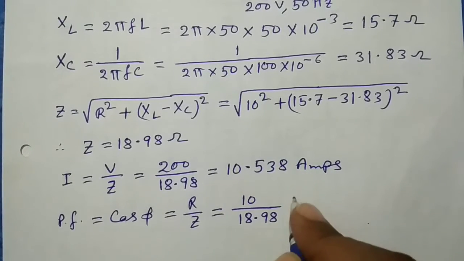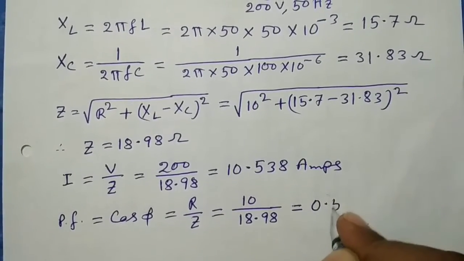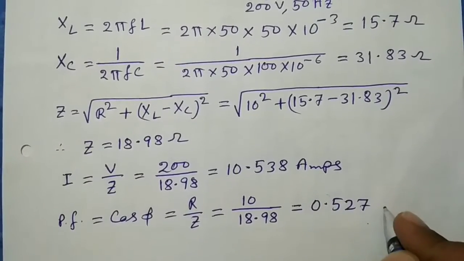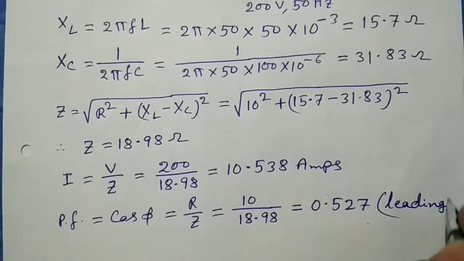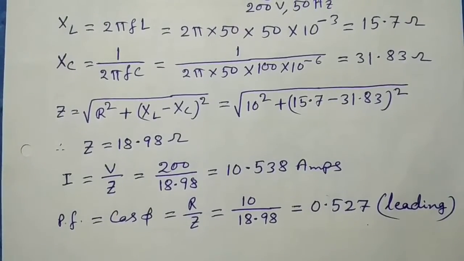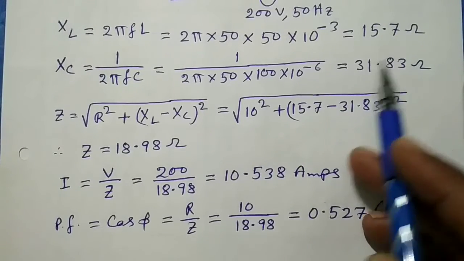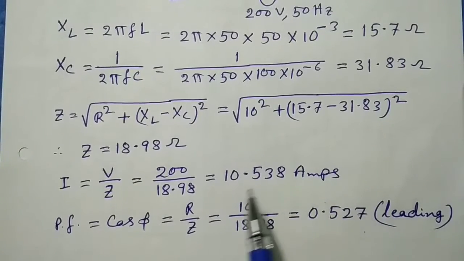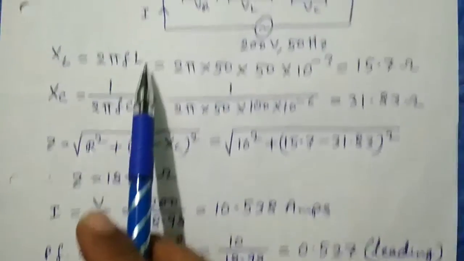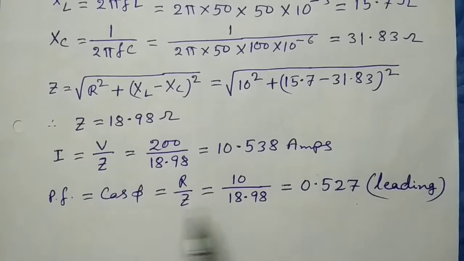So after solving this, we will get the power factor as 0.527 and it should be leading, because as we have already seen that the capacitive reactance is more than the inductive reactance. Therefore the nature of the circuit will be resistive capacitive. That means the circuit current will be leading the supply voltage, and hence the power factor will be considered as the leading power factor.